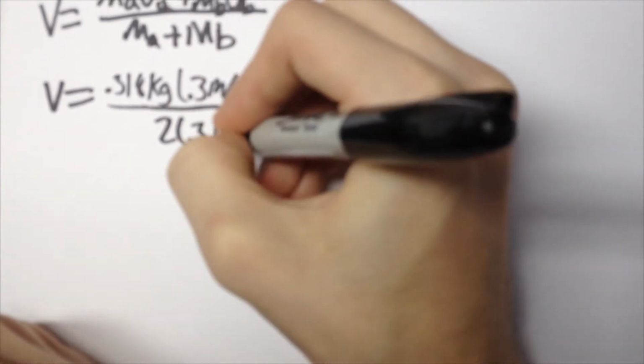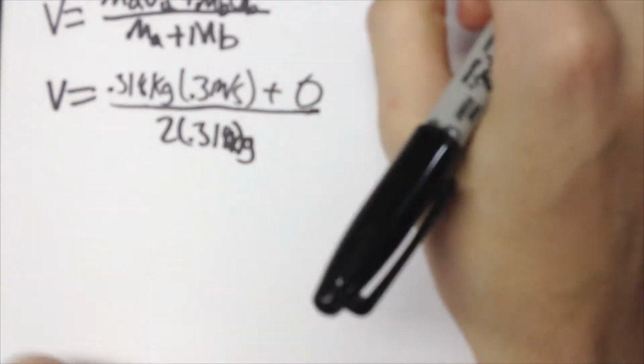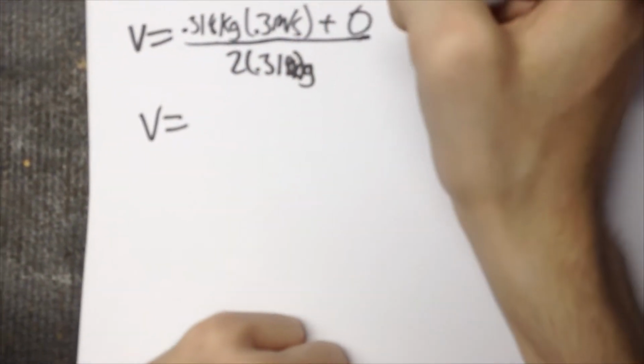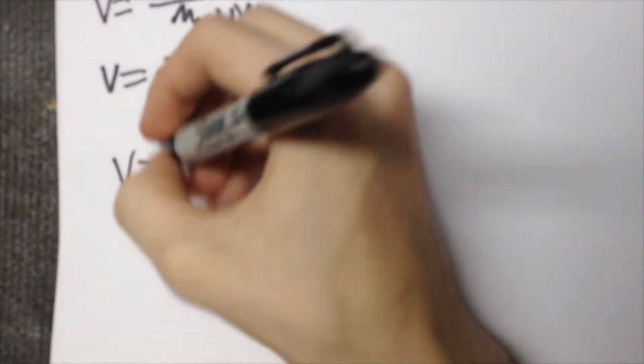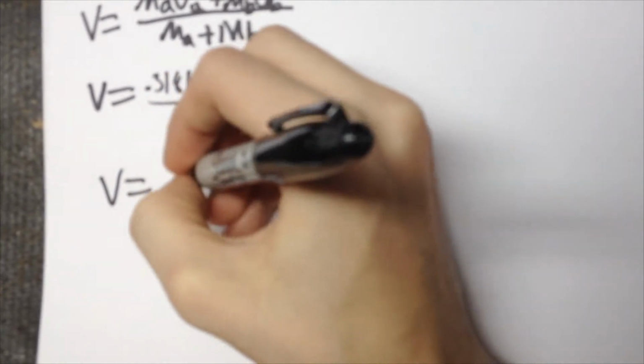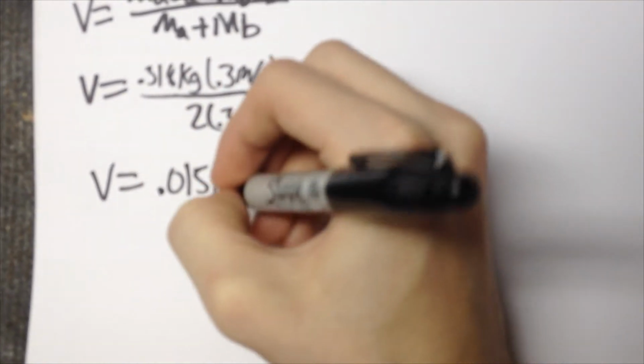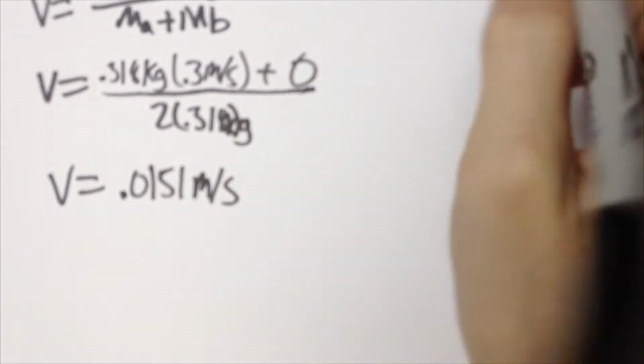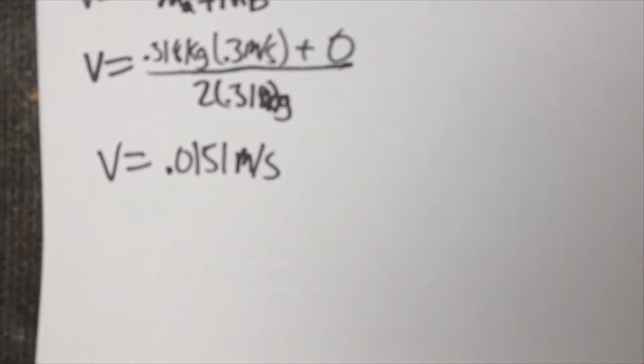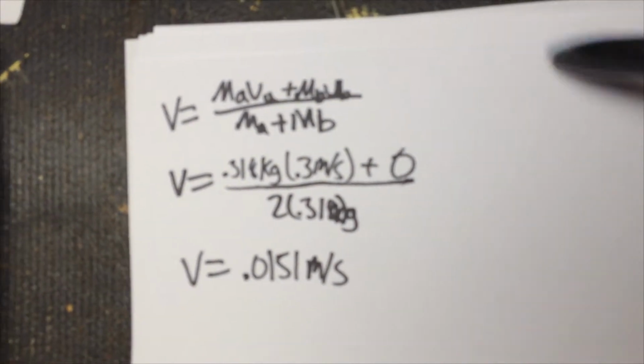Because the water bottles are the same, it's just easier to write it like that. When you divide it all out, you get 0.0151 meters per second, which makes sense because you're having two of the same thing, so your velocity would be about halved.